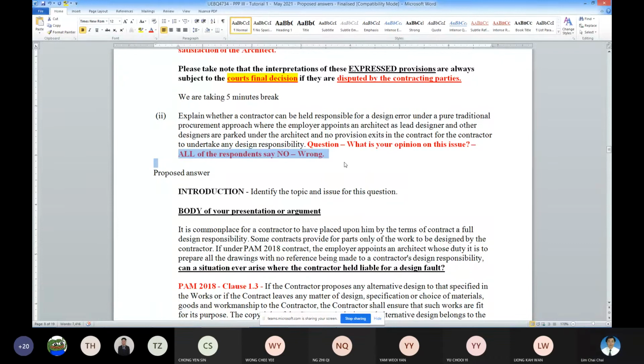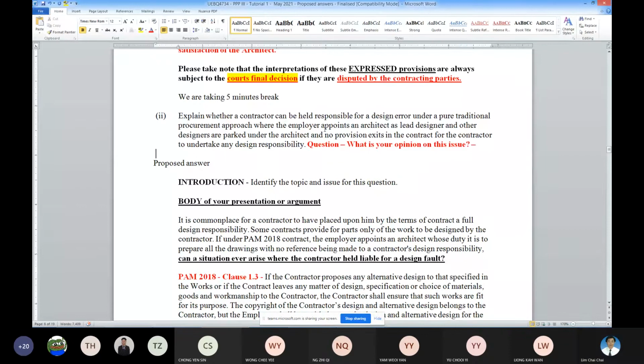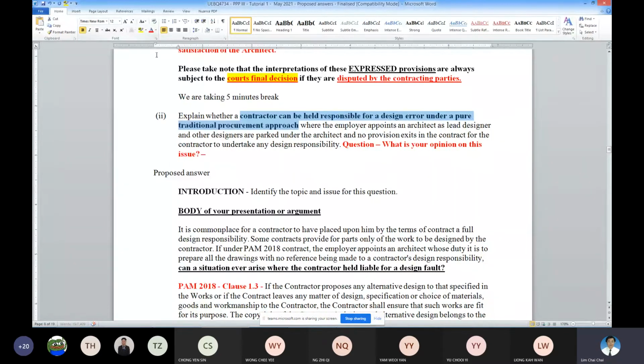So, this is the second part of the questions. Explain whether a contractor can be held responsible or not for a design error under a pure traditional procurement. That means that the contractor didn't take any design at all. And also on top of that, there is no provision in the contract for the contractor to have any design responsibility.